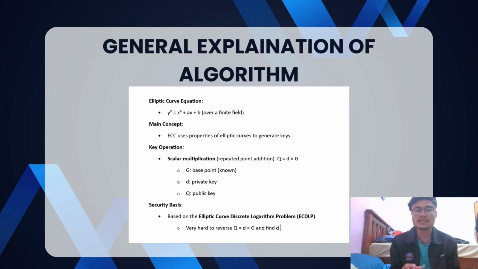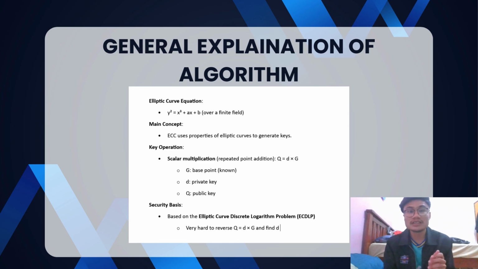This operation is written as Q = D × G. In this case, D is the private key, which is a secret number chosen randomly, G is the base point, which is publicly known, and Q is the public key. This is how the key pair is generated in ECC: the private key is a number, and the public key is a point on the curve that results from the multiplication.